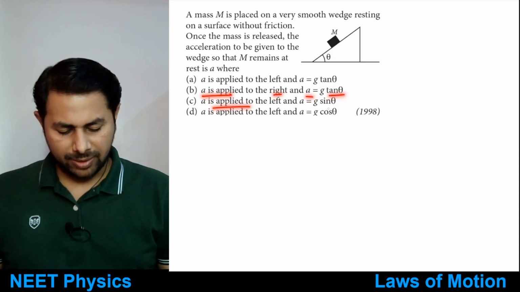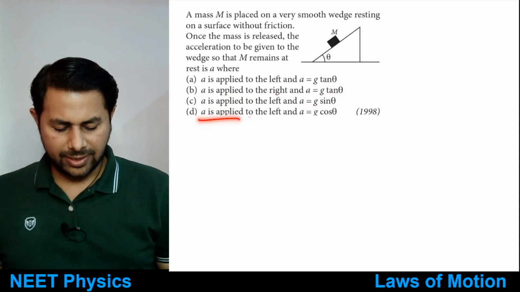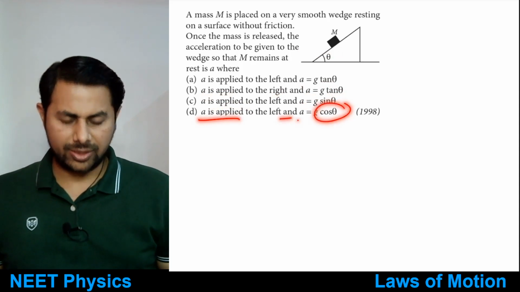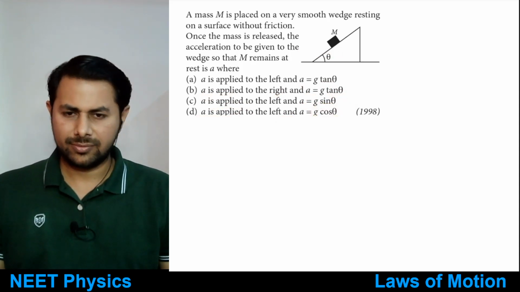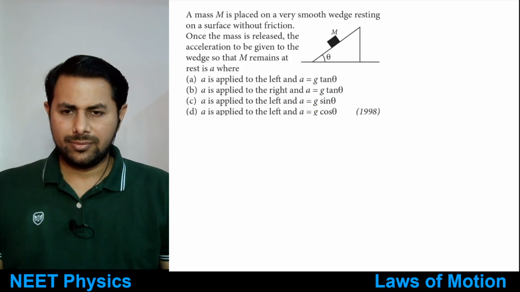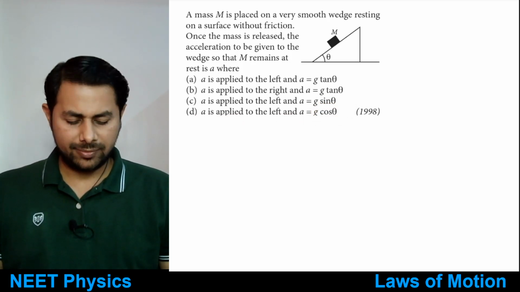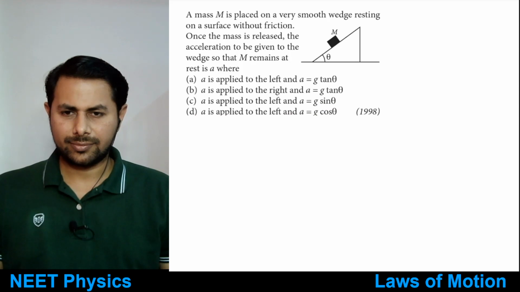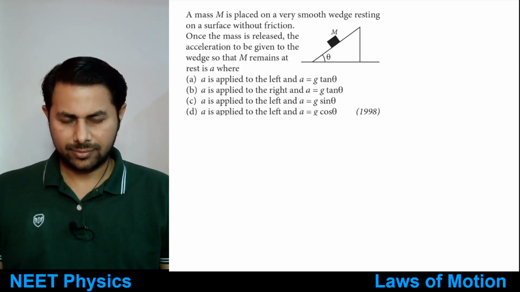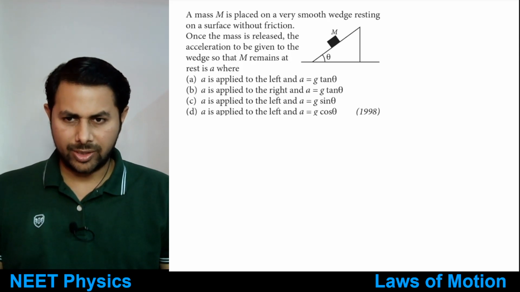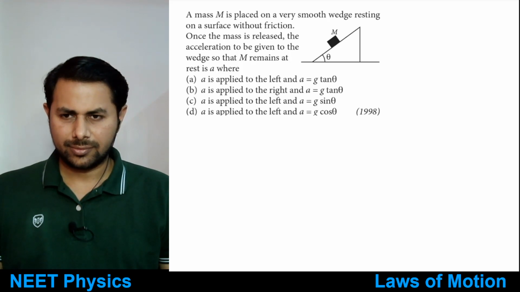A is applied to left and a is equal to g sin theta. A is applied to left and a is equal to g cos theta. Which one is correct? Tell me. Everyone? Yeah, it is option A, right?